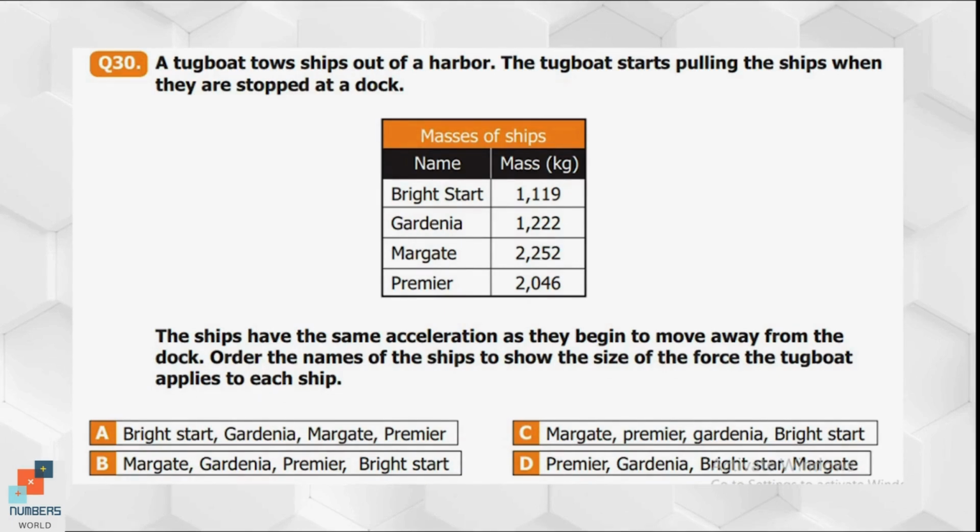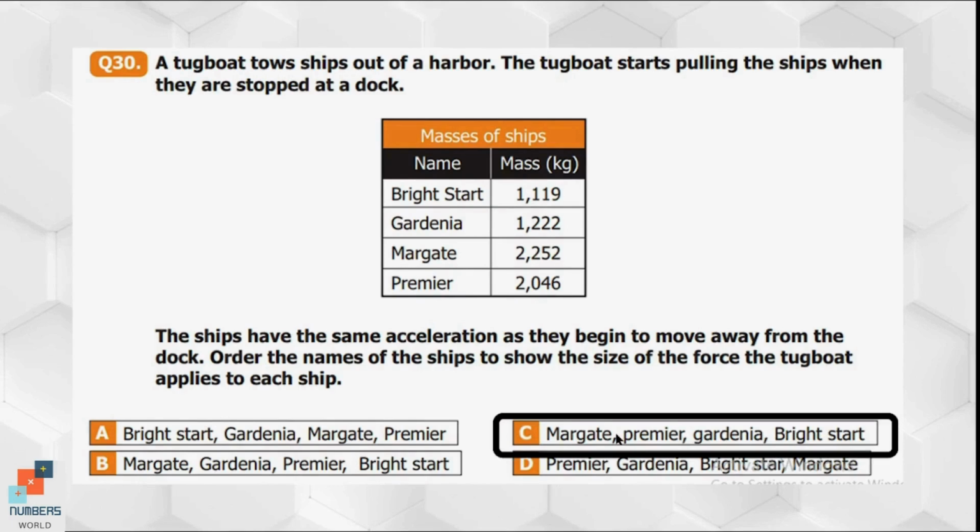So it's quite obvious that the heavy ships will take more force to pull. So we will see that which ship is heaviest of all. That is Margaret. Then after that, Premier. Then Gardenia will come, and at the end, Bright Star. So we will find out the sequence in the given option. That is option C.